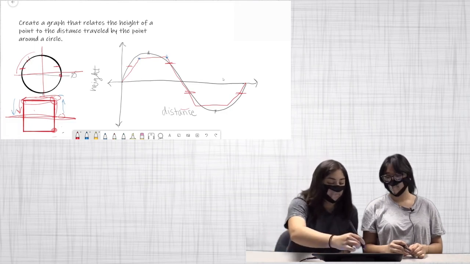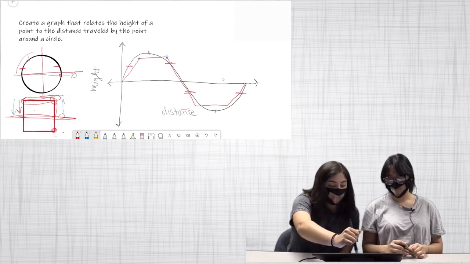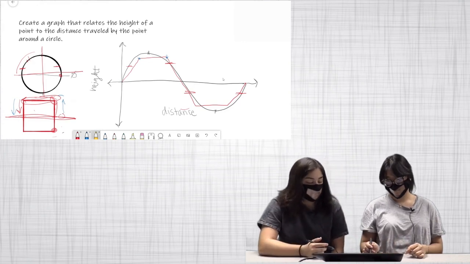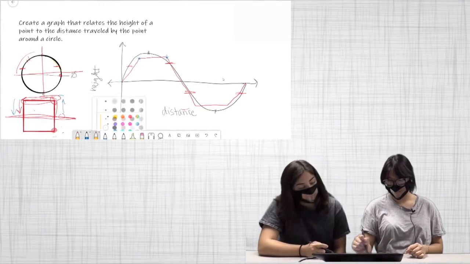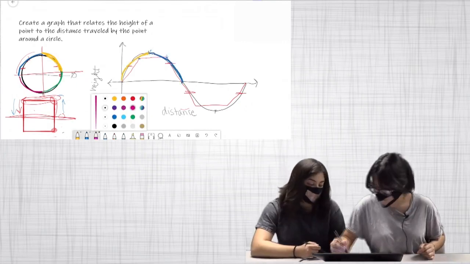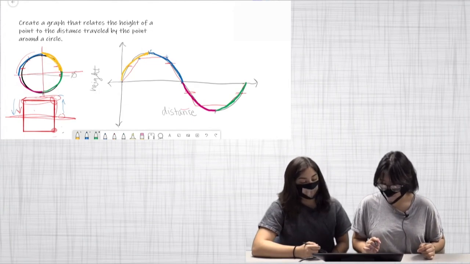So it's reflected in the graph because there's no flat lines on the graph. So no matter what, the point's height is increasing. When you get to the top of the circle, it starts decreasing. Again, when you get to the bottom of the circle, it starts increasing again. Okay. I think that shows a clear depiction of everything.